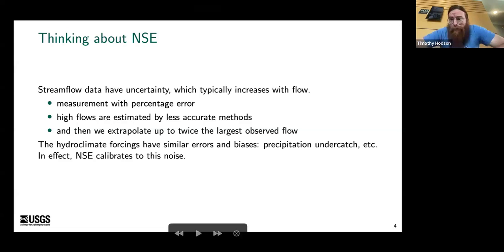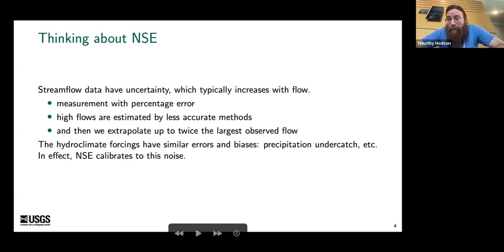It's that streamflow data themselves have uncertainty. In fact, the data that USGS generates that many of you use isn't actually an observation, right? It's an output of another model, a rating curve. Usually we would measure something like stage as a surrogate, and occasionally we'll collect discharge measurements to calibrate that rating.